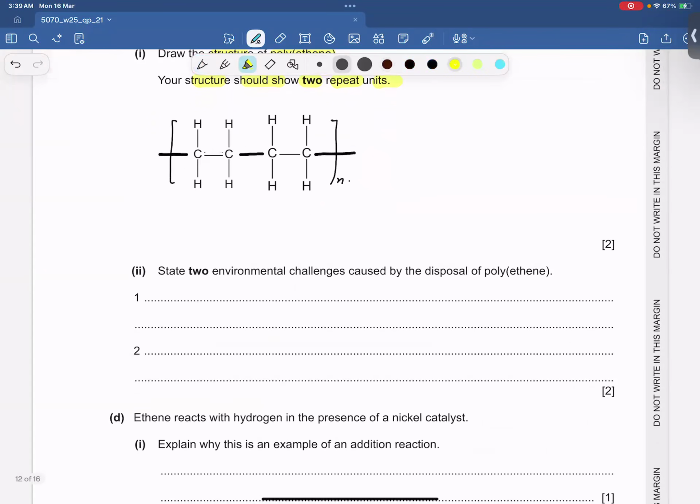State 2 environmental challenges caused by the disposal of polyethylene. First of all, they are non-biodegradable.